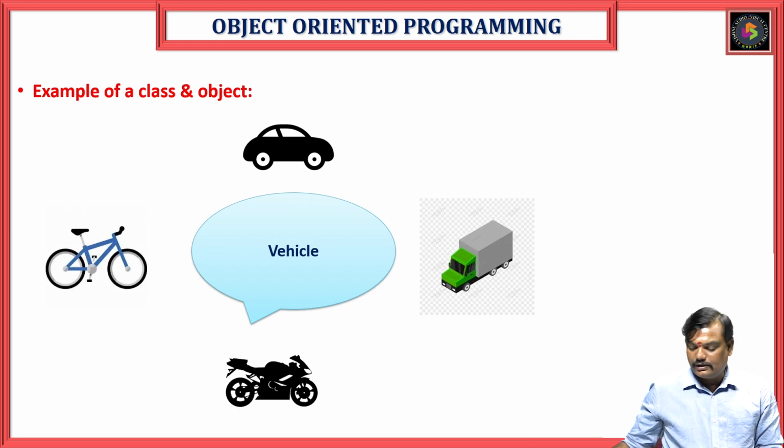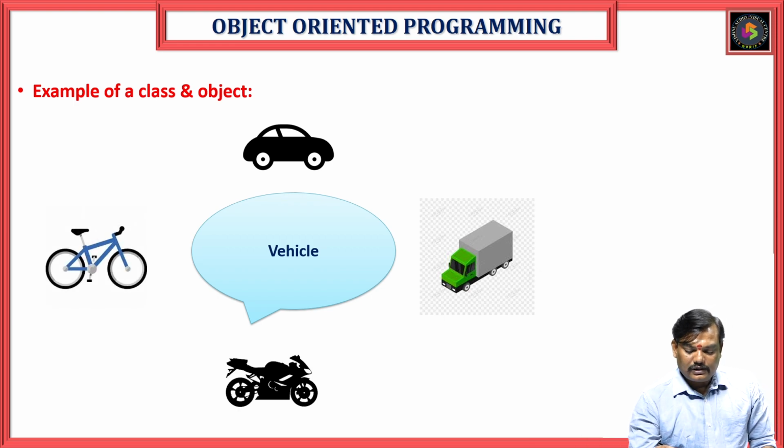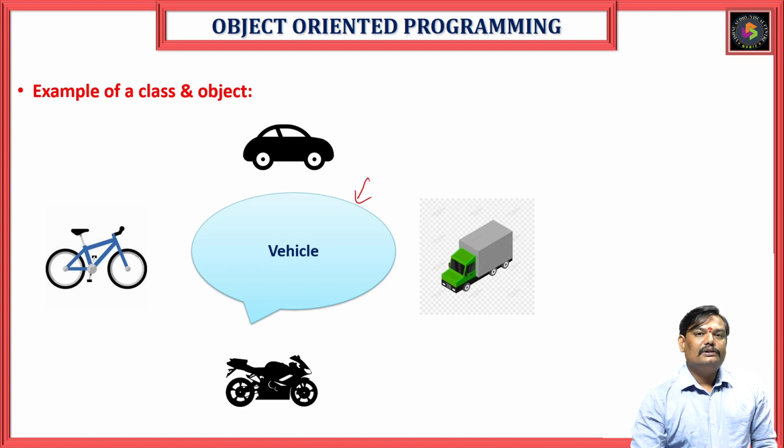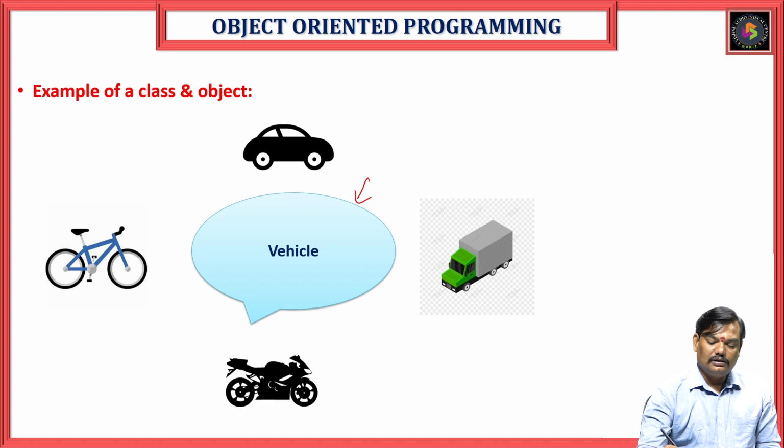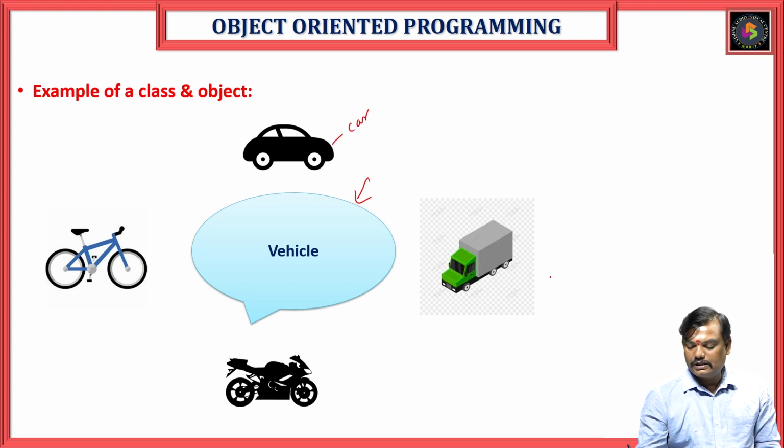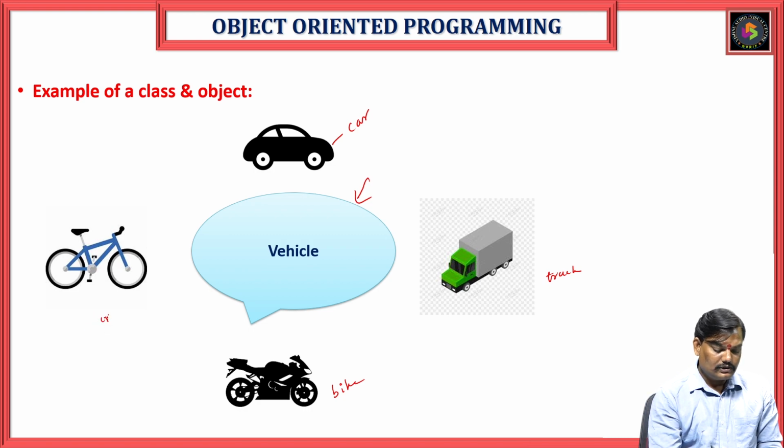we can see here a vehicle. I will define a class called vehicle. For this vehicle, I will be creating objects called a car object, a truck object, bike object, and cycle.